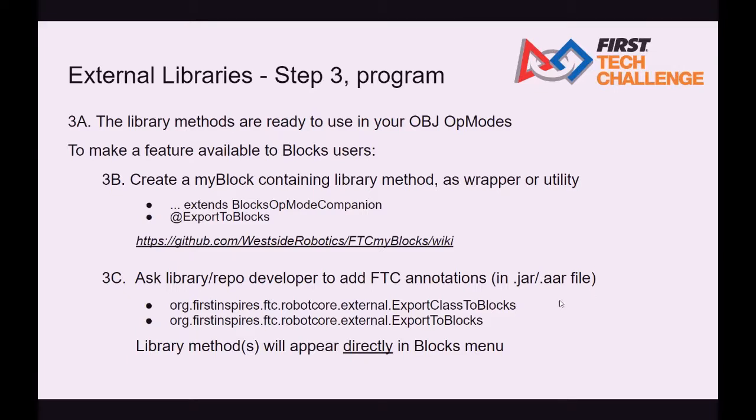The annotations are shown here as bullet points. If they can give you that file with annotations, all you need to do is upload it in OnBot Java and click Build Everything. That's it. The blocks user will now see those methods appear as purple or green blocks in the menu. Pretty cool.